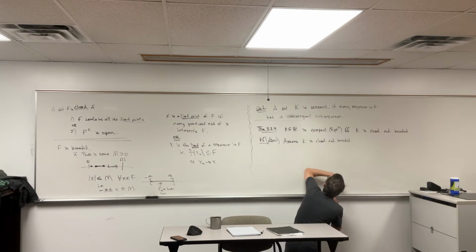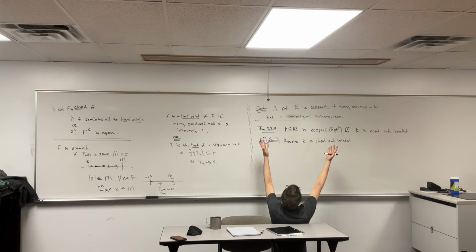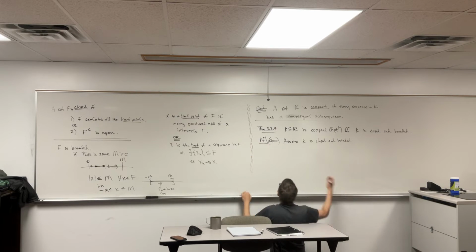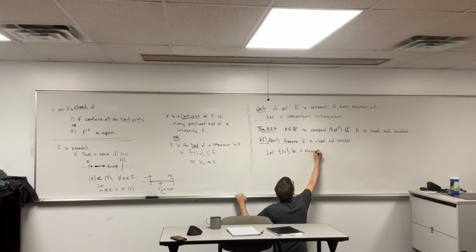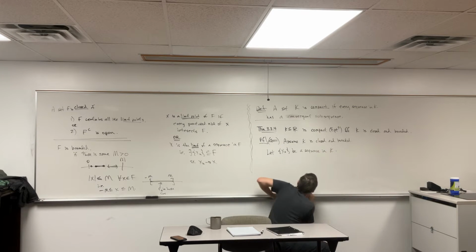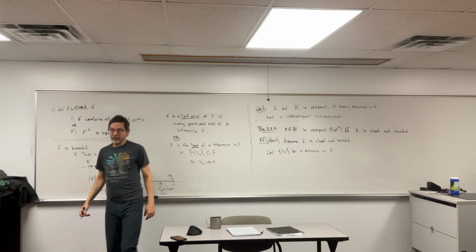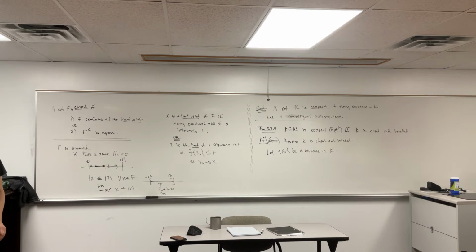All right, we're going to assume K is closed and bounded. We need to show that this other definition holds true. So the first thing I'm going to do is take a sequence in K. Let this be a sequence in K. So we are going to rack our brains to pull together the proof.